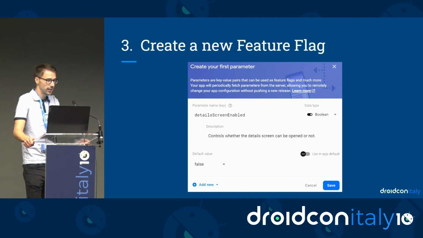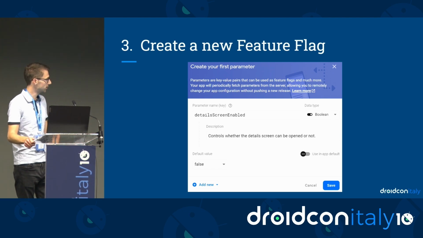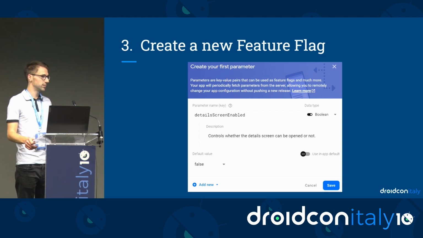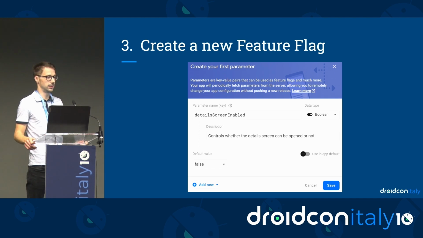So we change it to Boolean, and we enter the name of the feature flag. In this case, it's detail screen enabled because we want to add a new detail screen. So we've defined a new feature flag here. You enter a description, and then you set the default value. We want it to be disabled by default, and then we're going to overwrite it later.